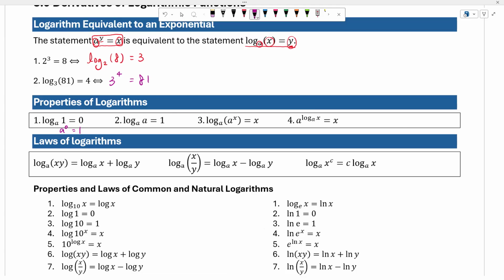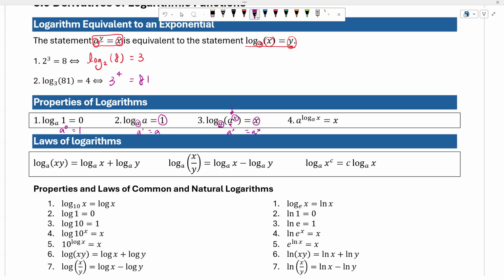The next one is a to the power of 1 is equal to a. And of course, a to the power of x is equal to a to the x. So this property is telling me that if these two numbers are the same, then the exponent is my answer.